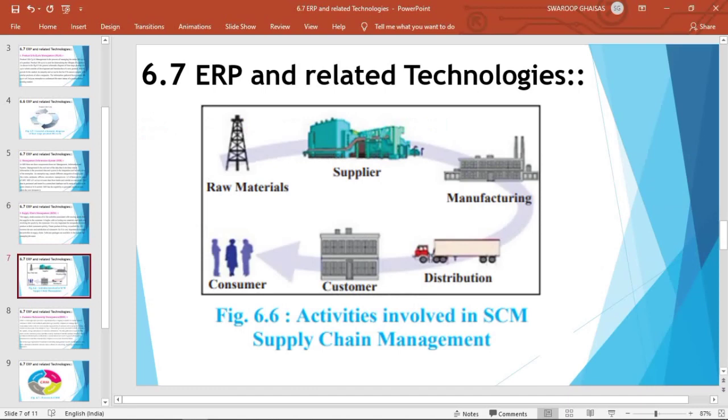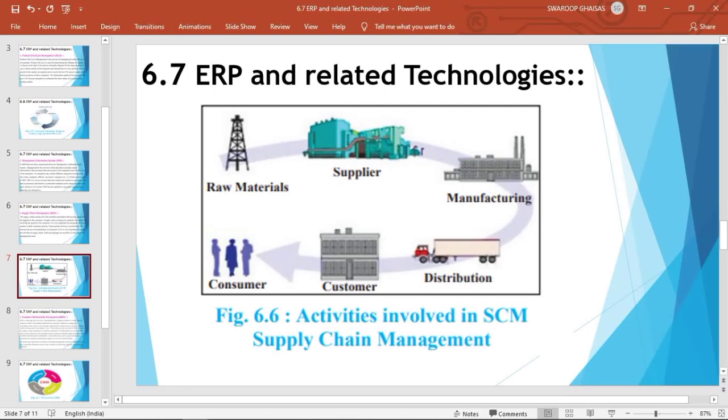See here, these are the different activities involved in supply chain management, that is SCM. First of all, raw material is collected. Then the supplier will use that raw material to develop the product, that is, manufacturing will be conducted. Using raw material, your product gets manufactured, then it is distributed to the different customers, the wholesalers.